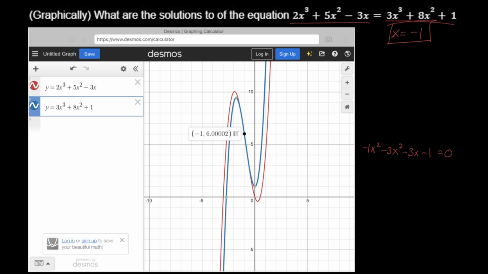So the other way of doing it is moving everything to one side and then graphing just this side and finding the x-intercepts, which are the zeros.